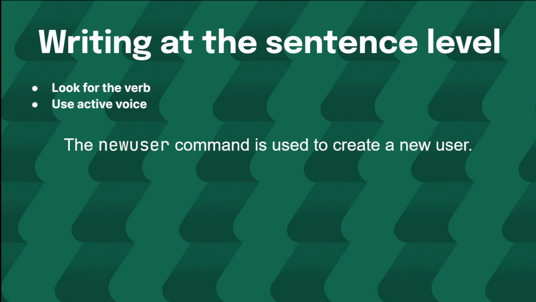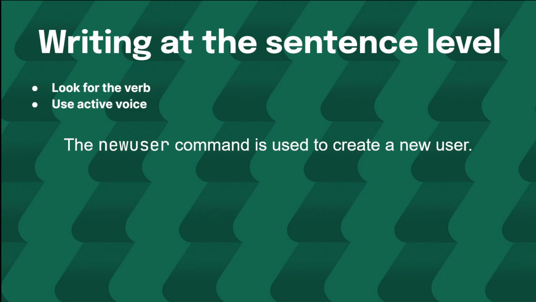Use the active voice. Again, flashback to fourth grade English. The new user command is used to create a new user. So the difference between active and passive voice is in an active voice situation, the entity or the person that's doing the action is also the subject of the verb.